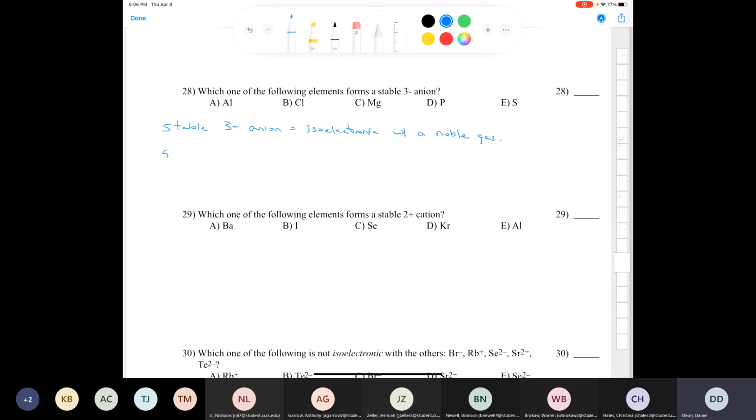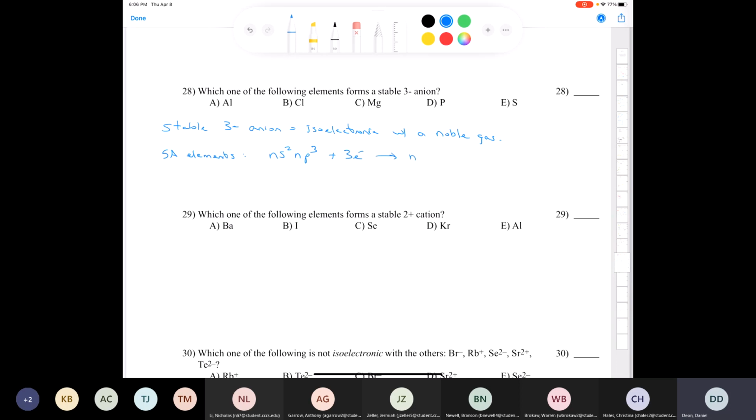So if you look at 5A elements, and we looked at their generic electron configuration this evening for their valence electrons, if I'm a 5A element, I have an electron configuration which ends in ns2, np3. So if it gains 3 electrons, it's going to have a noble gas configuration.